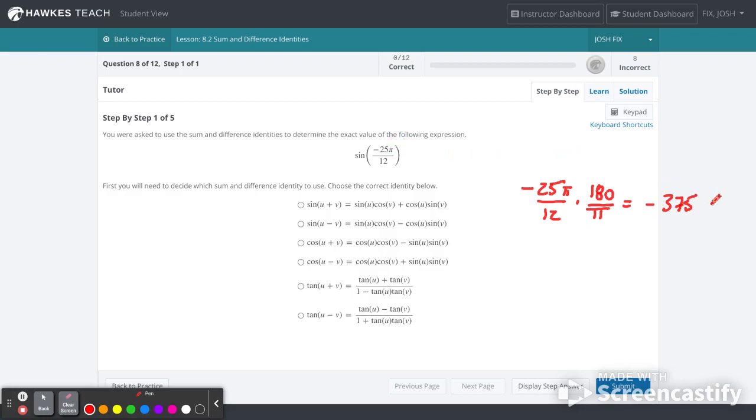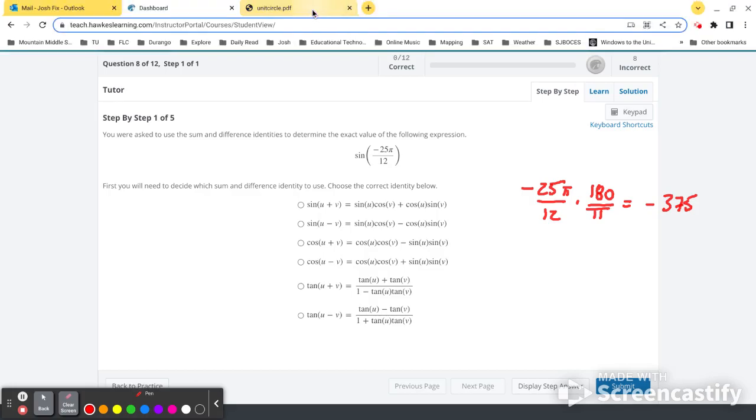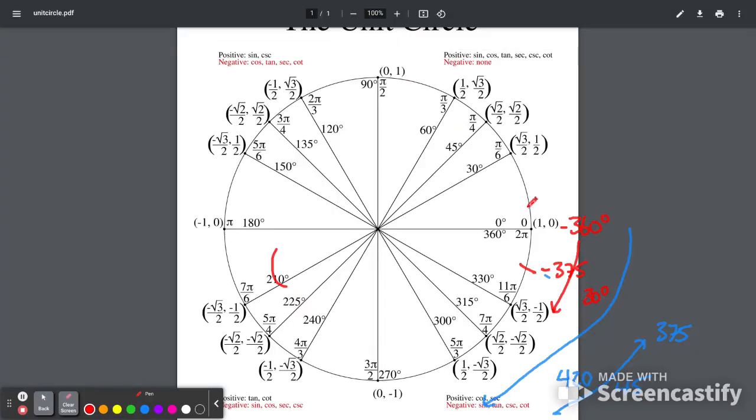I'm going to convert to degrees to help me understand what I'm looking at in terms of my circle. I start at 0, go in the negative direction, and go around 360. Negative 375 is going to be someplace right in here, basically halfway between the 360 and the next pi over 6. So that's my 375.